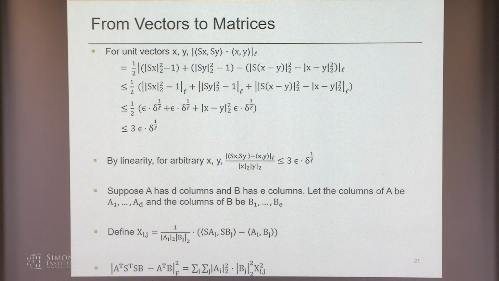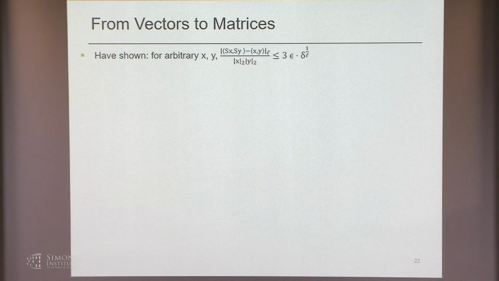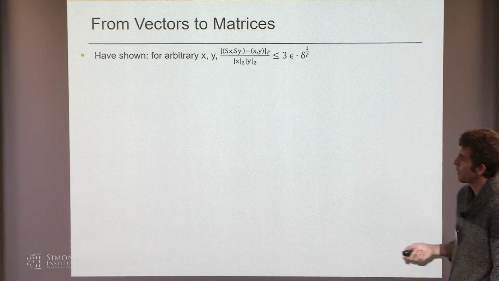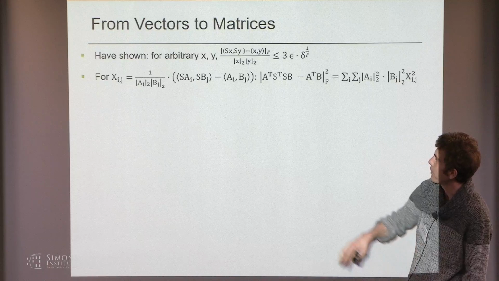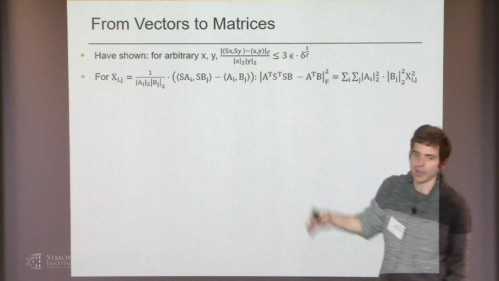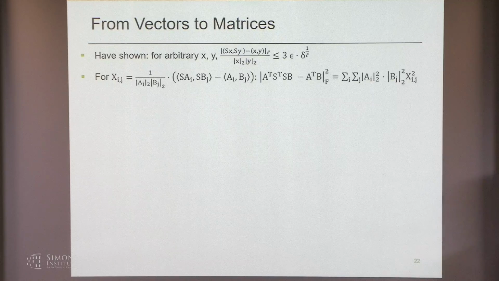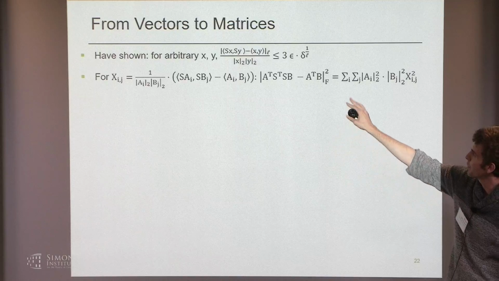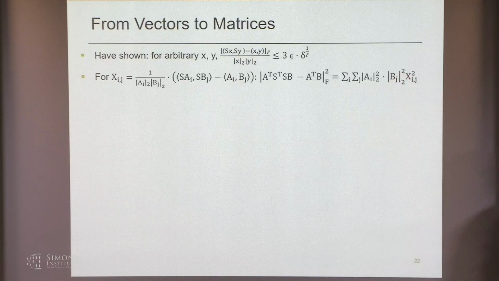So what have we shown so far? We've shown this statement for arbitrary vectors x and y, a bound on the difference of inner products over the norms. And we've also set up this notation for the Xij's, and we showed our matrix product can be written in terms of those Xij's.